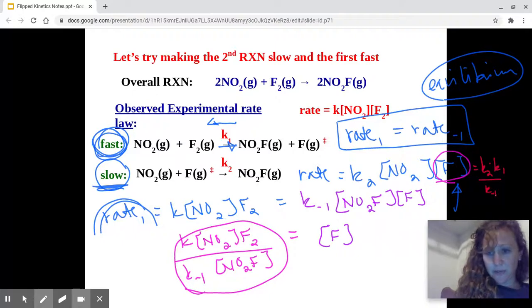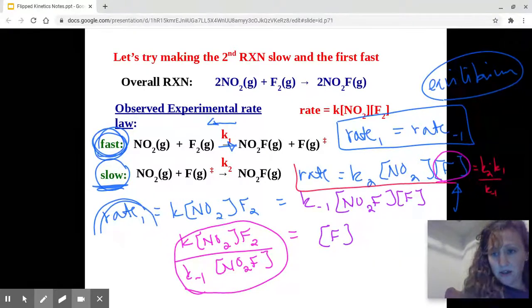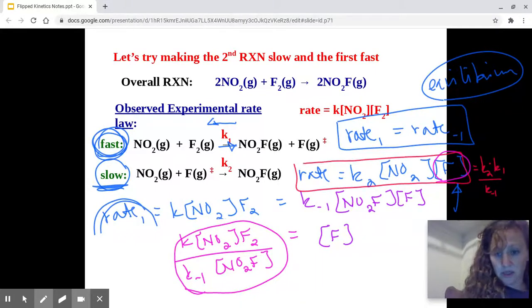I'm not going to have enough room. Let me write it at the bottom, actually. So this rate law up here in pink becomes K2, I'm just putting all the K's together, K -1.